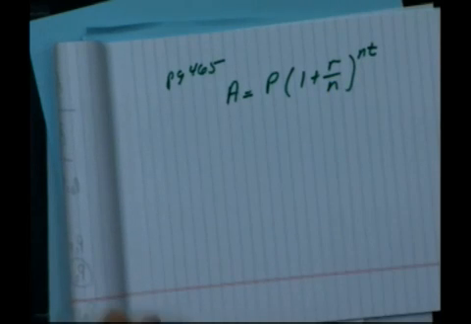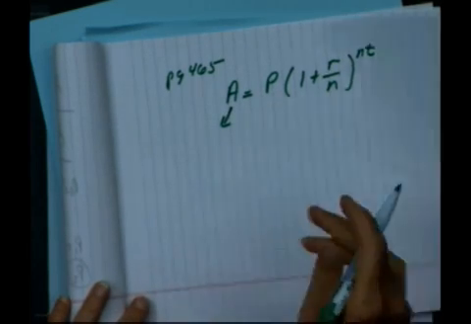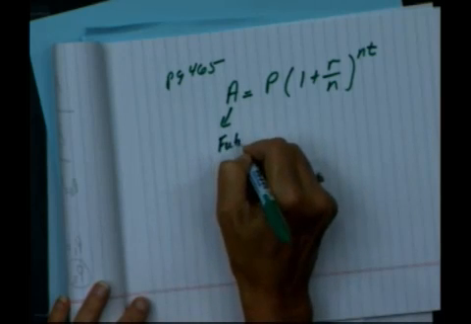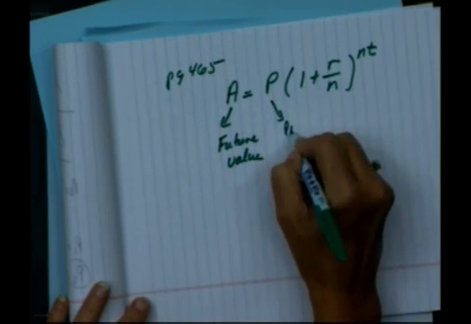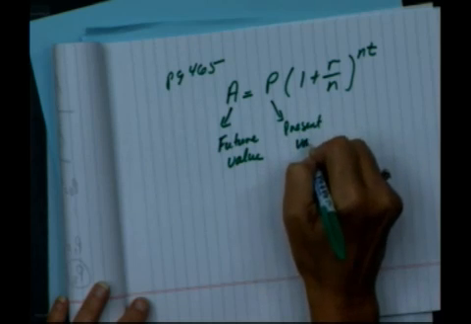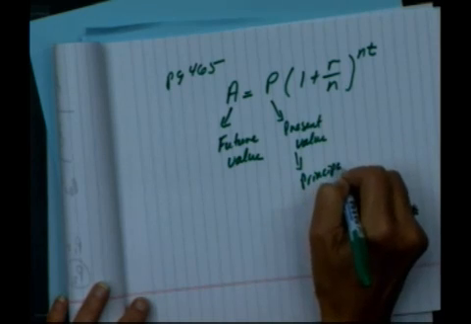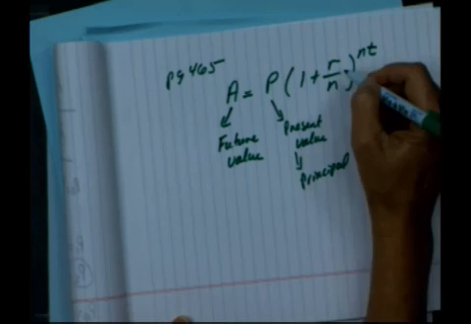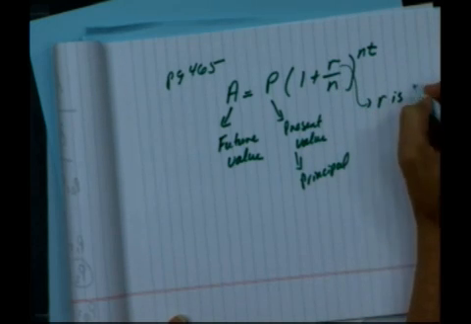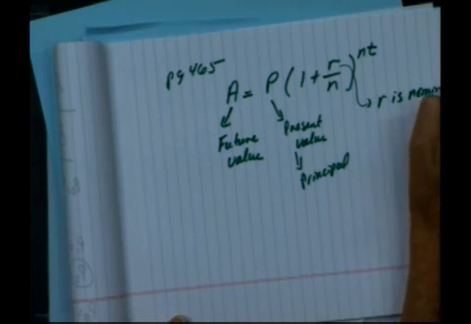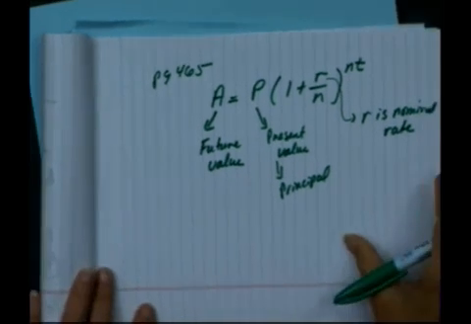Remember that formula? This is what I was calling like P sub 10, P sub 3. This is the future value. This is called the present value. Sometimes people call it the principal. R is called the nominal rate, meaning it's the rate you see named in the problem.